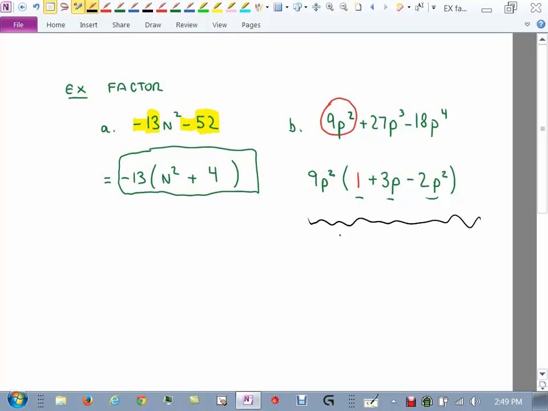I'm still doing the same problem. I'm going to write out the part that I'm trying to continue to factor, which is this. And the AC method is as follows. You want to take your 3 terms and put them in descending order, highest power of your variable down. So I'm going to change the order: negative 2p squared plus 3p, and then plus 1.